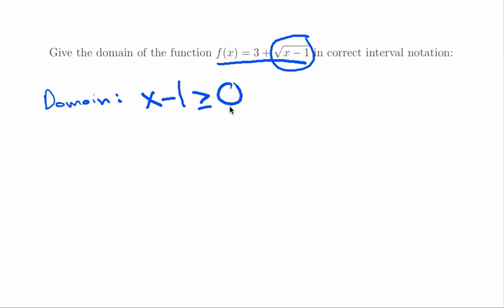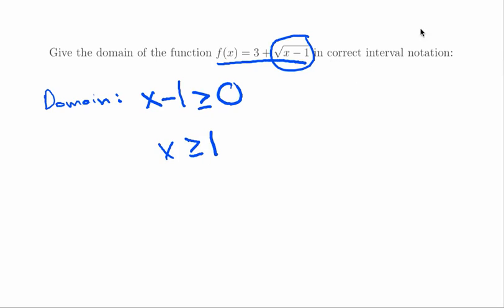So the things that are in the domain that do give me computable answers are the x's such that x minus 1 is bigger than or equal to 0. Now that gives me an inequality. It's actually fairly easy to solve that inequality once I have it. I just add 1 to both sides. All right, so the domain, the set of all x values that work in this sense, are all the x values bigger than or equal to 1.